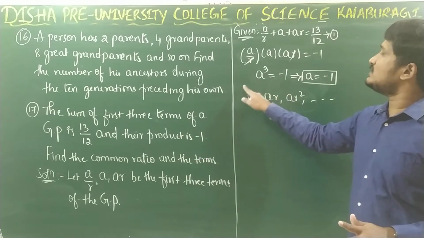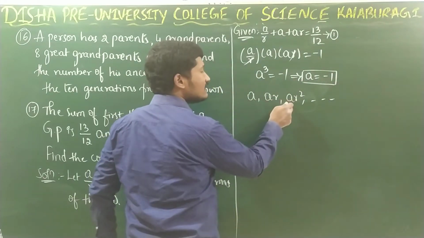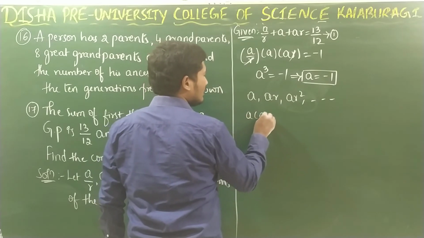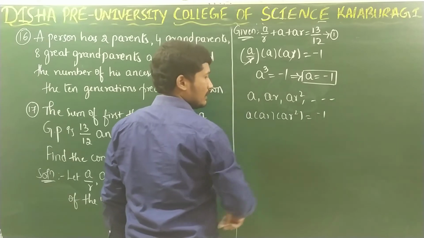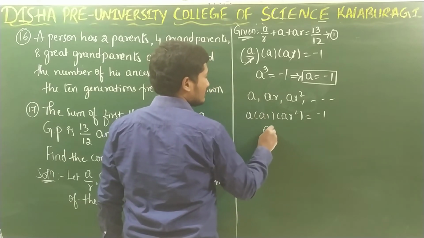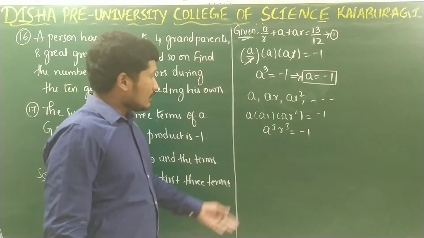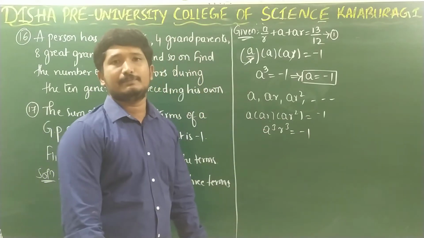right? If you consider this, what will happen? See here, when I take these three as the first three terms, now take the product. A into AR into AR square is equal to minus 1. A into A into A is A cube, R into R square is R cube, equal to minus 1. It becomes lengthy for you to calculate any one of the values here.